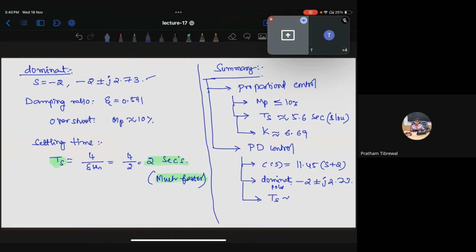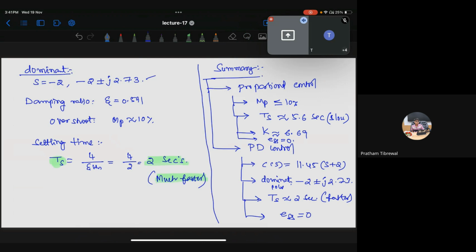Ts is 2 seconds, which is actually faster. And in both cases the steady state error is 0. So this is how it looks.